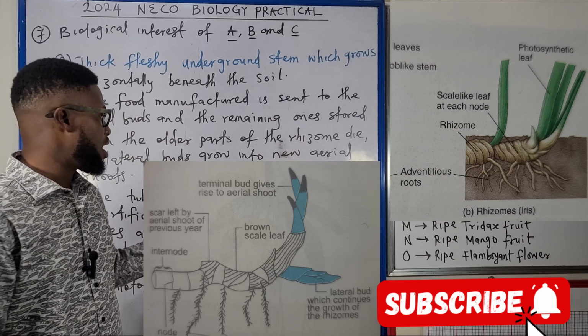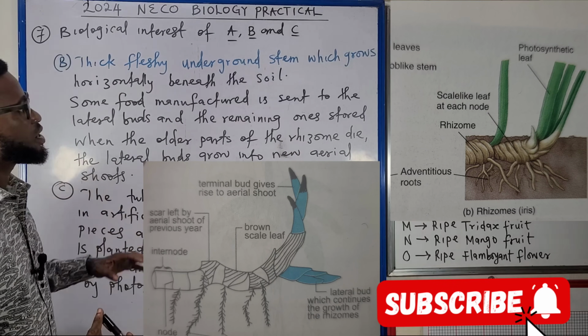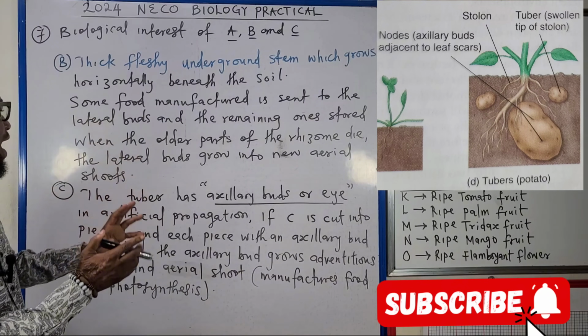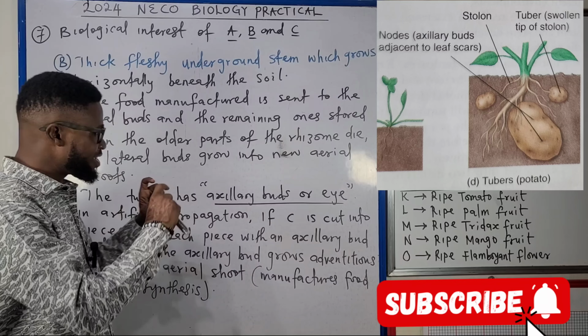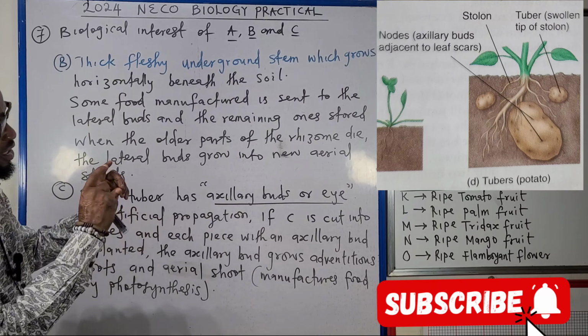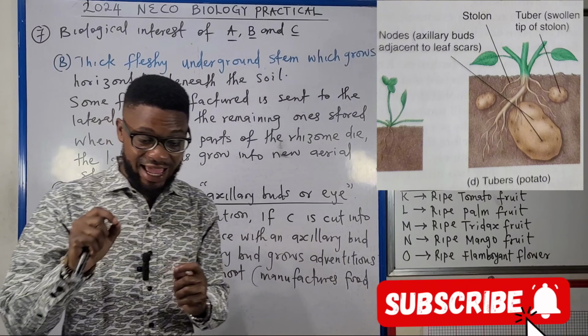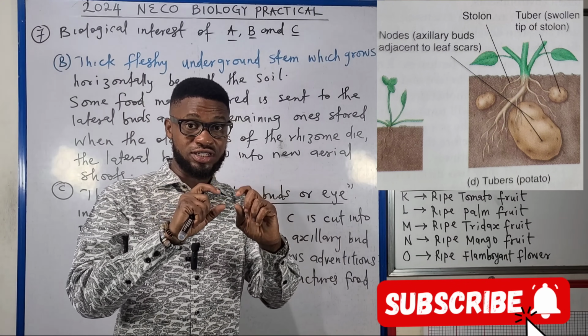Now, talking about the biological interest of specimen C, that's Irish potato. It's a tuber actually, and there is a part of this specimen which we call the axillary bud, alternatively called the eye. You can see that on the diagram.